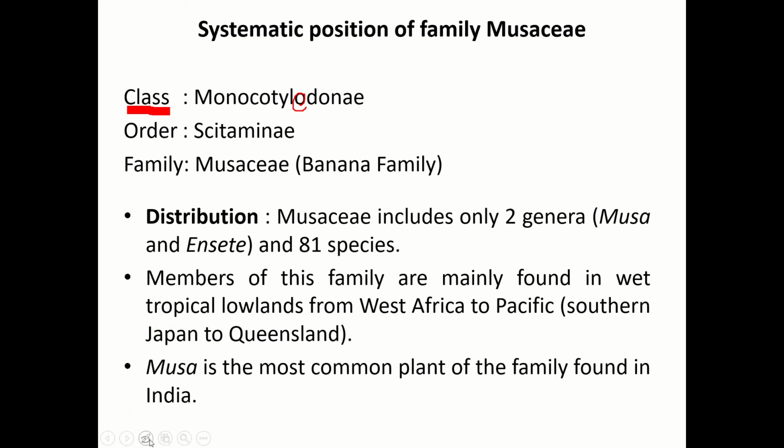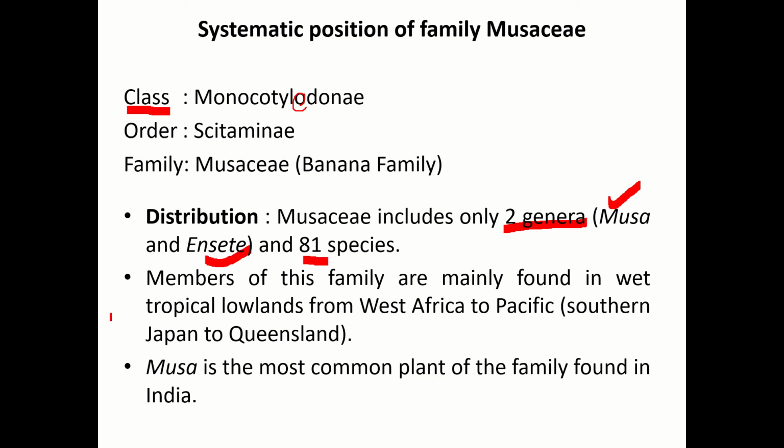Then coming to the distribution of Musaceae. Musaceae includes only two genera, only two. What are they? One is Musa and the other is Ensete, and 81 species.